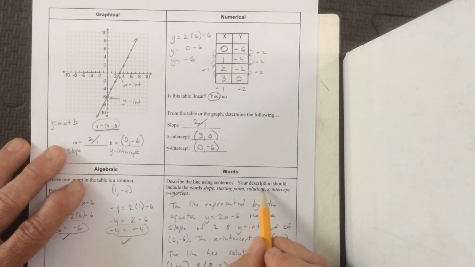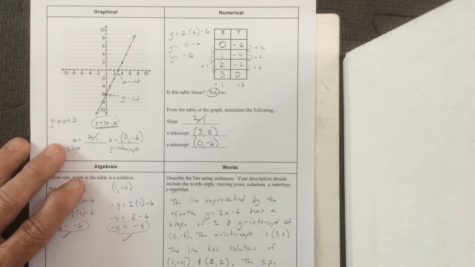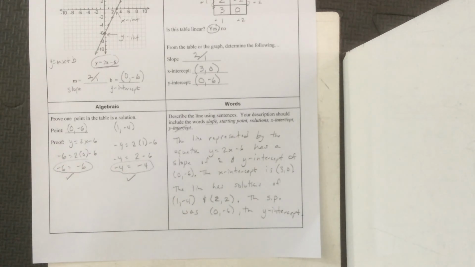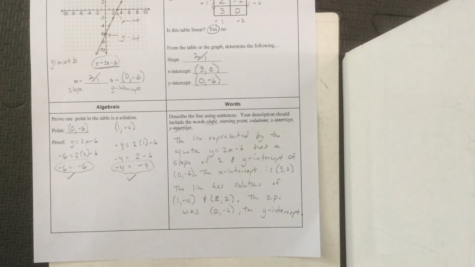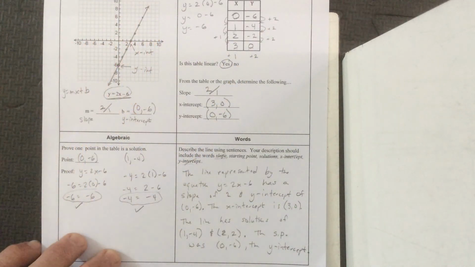If you wanted to do starting point, you could say the starting point, and I'm going to abbreviate it, was 0, -6, which was the y-intercept. But that gave a good, oops, you didn't see that. That gave a good overall explanation of everything that was in our table or our graph line over here.